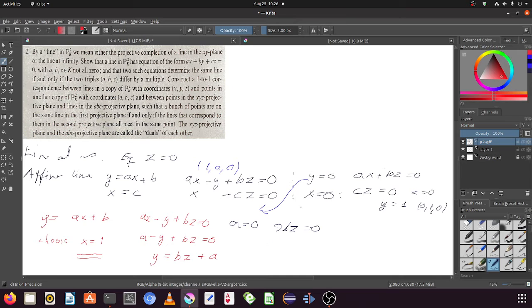Now, in the other one here, let's then choose y equals unity.